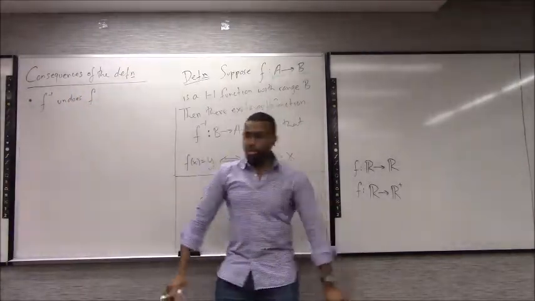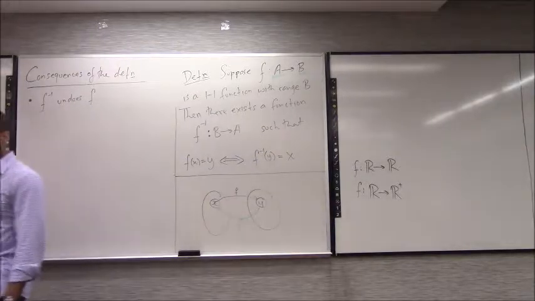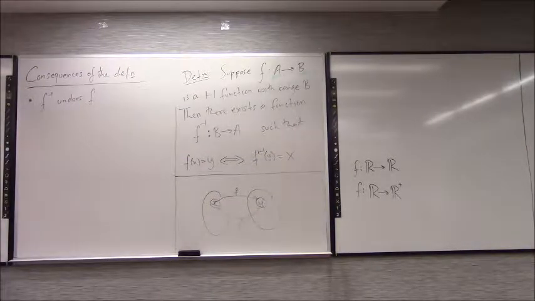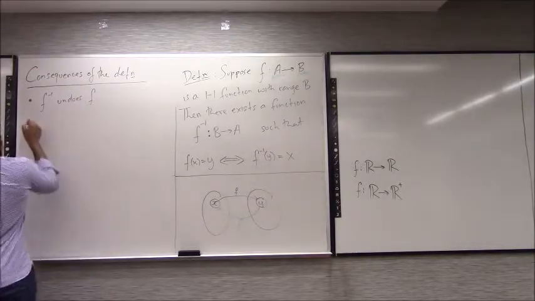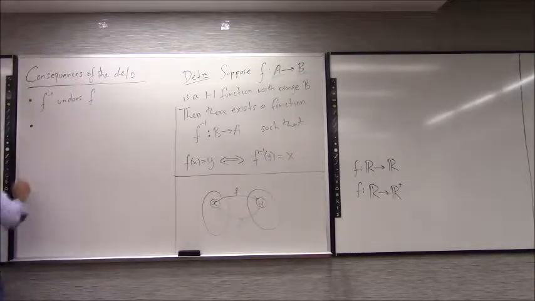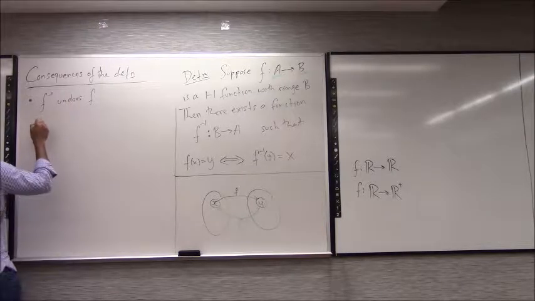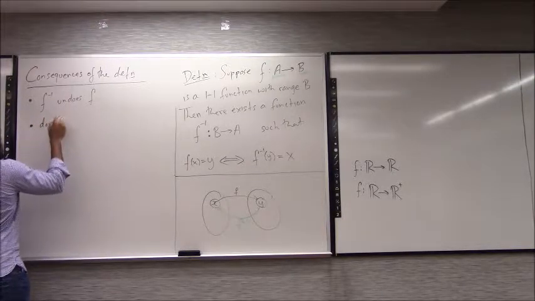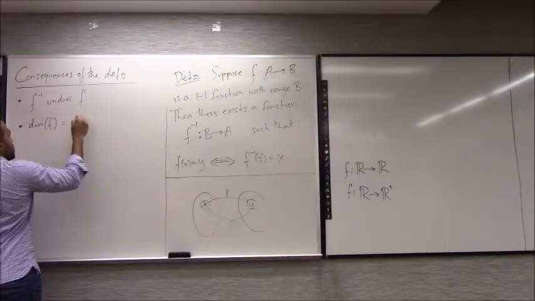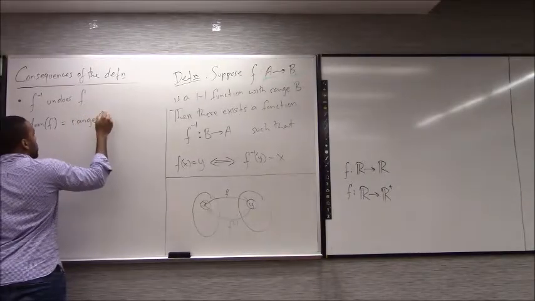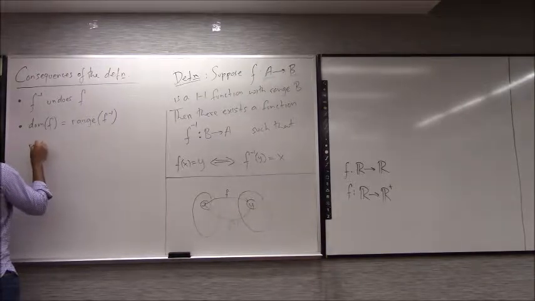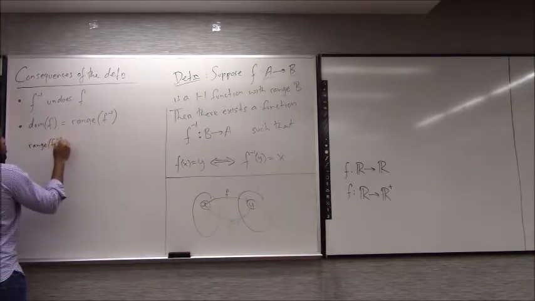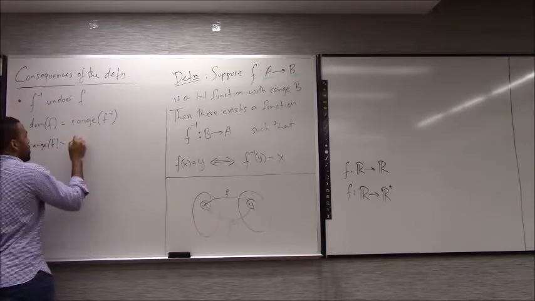So you can think of f inverse as the undo function in Microsoft Office, right? It will just go back a step and undo what you just did, right? So you can think of it as just reversing the function. Another thing you should realize is that the domain of f will be the same as the range of f inverse. And the range of f is essentially the domain of f inverse.